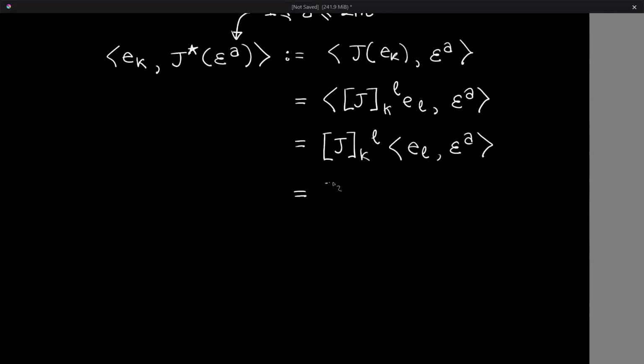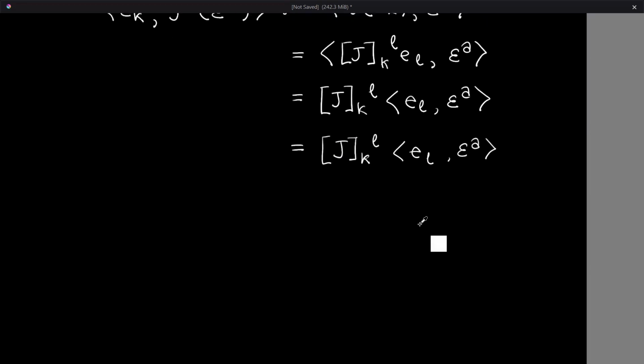I'm not going to repeat it here, mostly because it's easier for me to repeat the proof if I can just copy it. EL, epsilon A. Did I just write the same thing right?